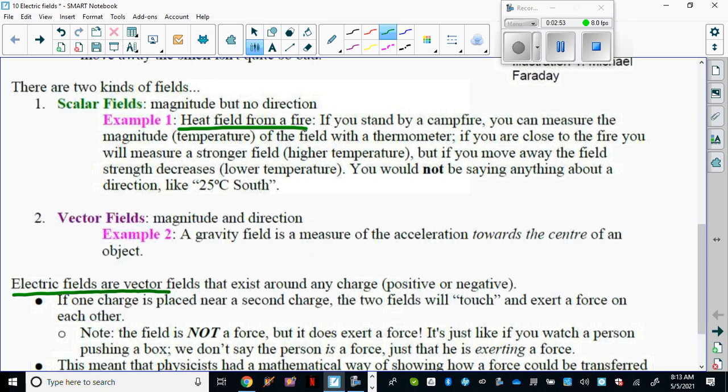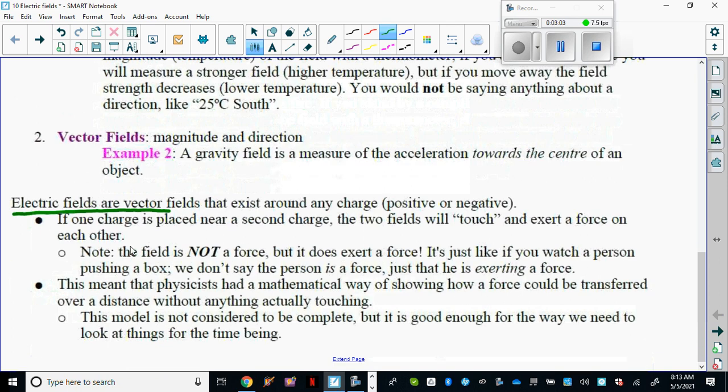Anything that has charge creates an electric field around it. If one charge is placed near a second charge, the two fields will touch and exert a force on each other. Note, the field is not a force, but it does exert a force.